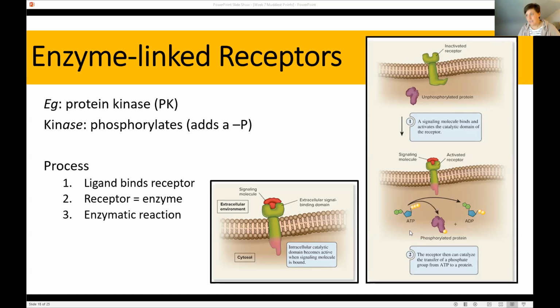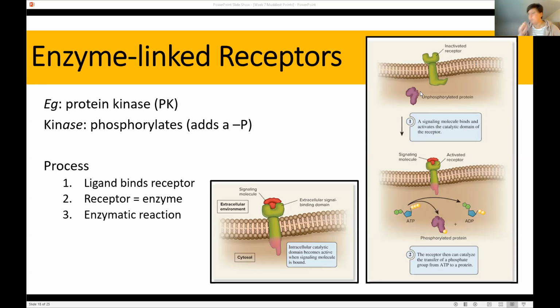So for example, here in this picture on the right, you have an inactivated receptor, so a receptor that doesn't have the ligand bound. And then inside of the cell, you have just some protein or some molecule. Okay, so don't even go into depth about what it is. It's just something.